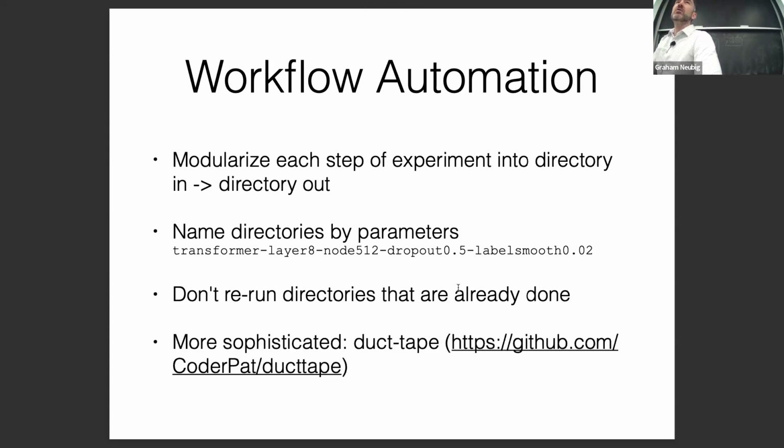There are more sophisticated methods. There's a toolkit called duct tape that was originally created here at CMU, and my student Patrick is maintaining now at this link. So you can either roll something on your own or look into one of these more complex workflow automation tools to save you time.